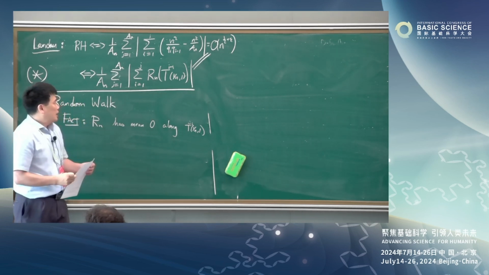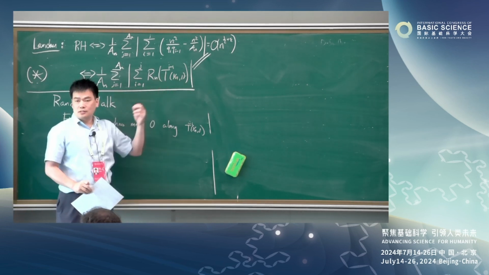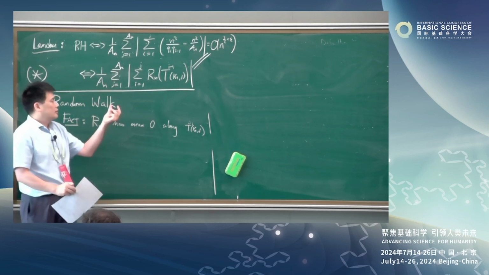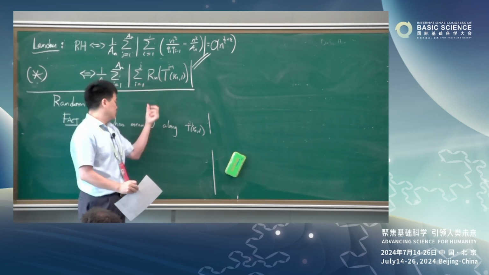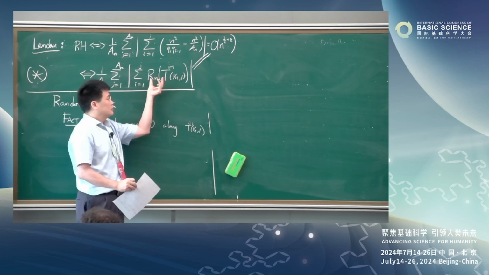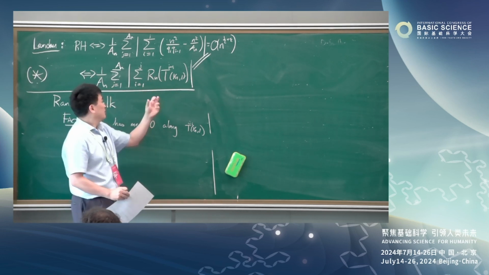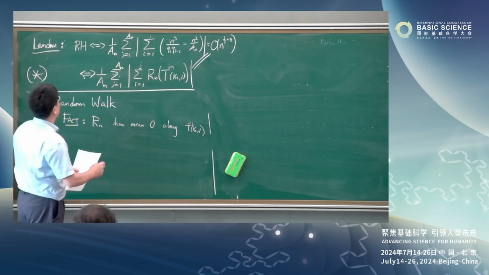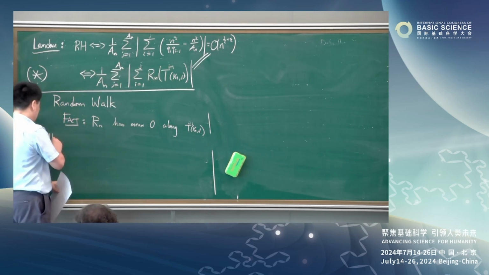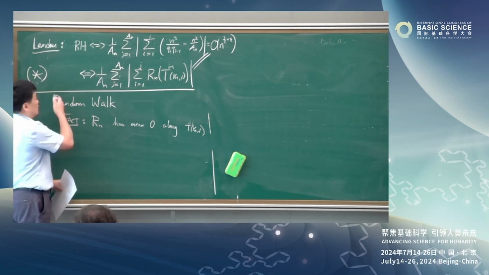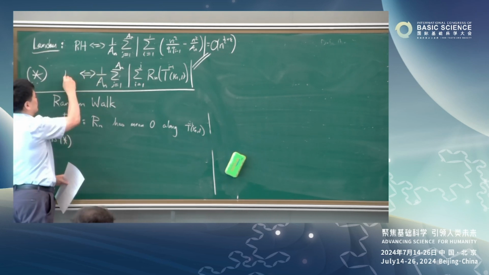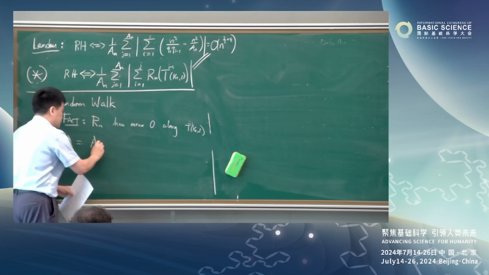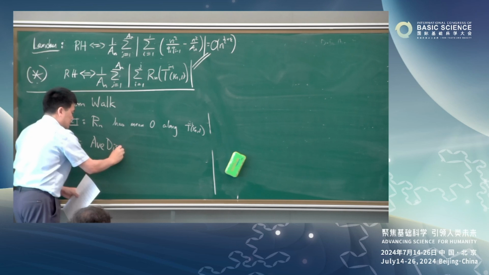And so we have like a random walk on the real line where we're moving according to this function, to the left or to the right, and the left-hand side or the right-hand side of this equivalence is the average displacement of a random walk.